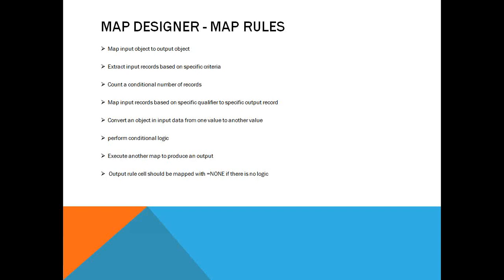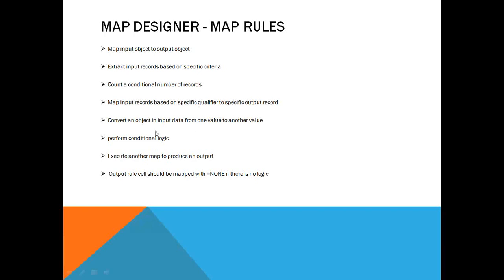Clear? Then, convert an object in input data from one value to another value. Conversion means object conversion like number to text, text to number, date to text, text to date. So we can do object conversion from input data to output data.